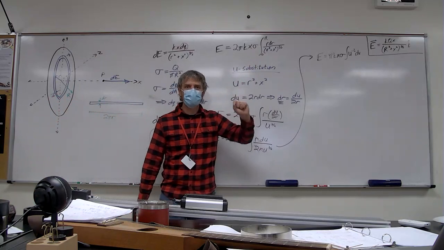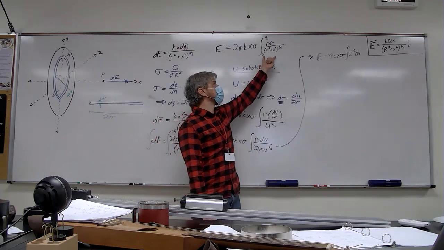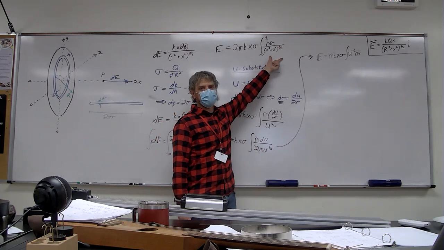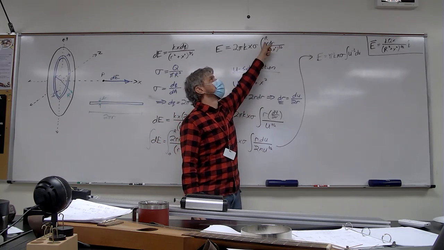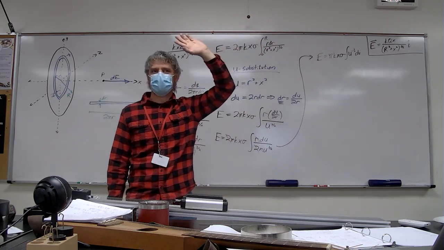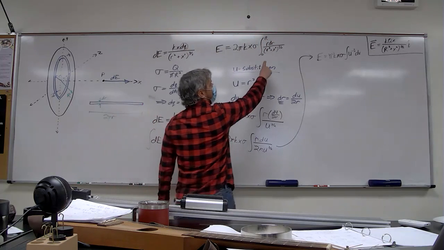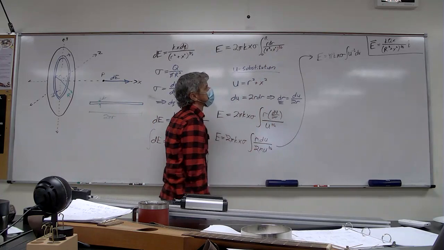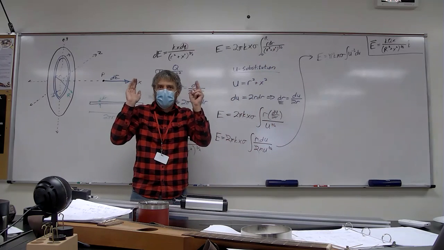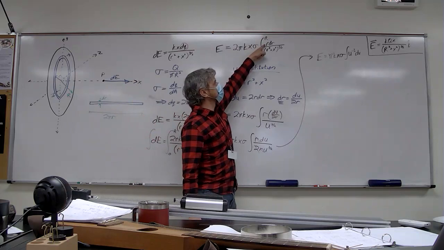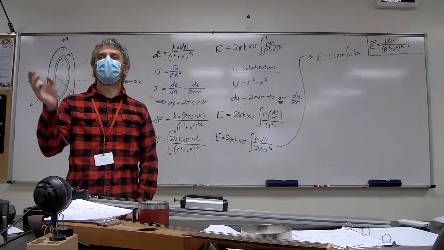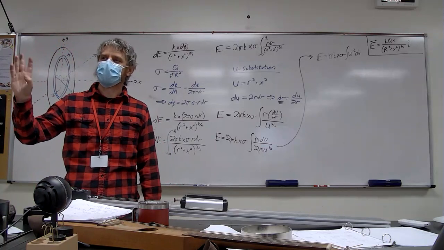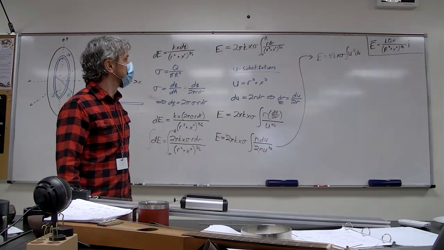To use u substitution, you have to recognize that there's a piece of the function in the integral, and then you see its derivative somewhere else in the integral. Here we have r squared plus x squared to the 3 halves, and the derivative of what's in that bubble is 2r. Well, I see an r in the numerator, so I can use u substitution. Again, Ms. Fudge will be much more explicit in teaching this concept.